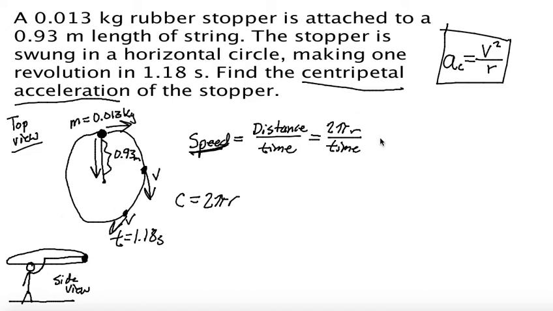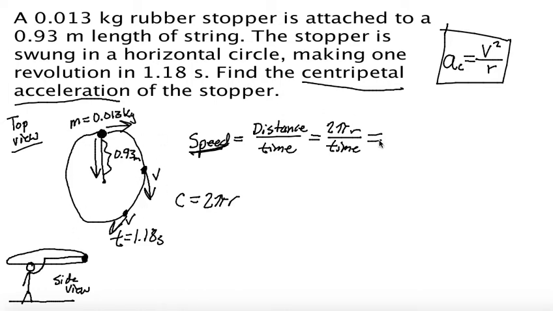So I can plug in some numbers here because I know the radius of this, and these two things are just numbers, and I know the time, and so I can plug those in and figure out what the velocity of the rubber stopper is as it's moving around here.